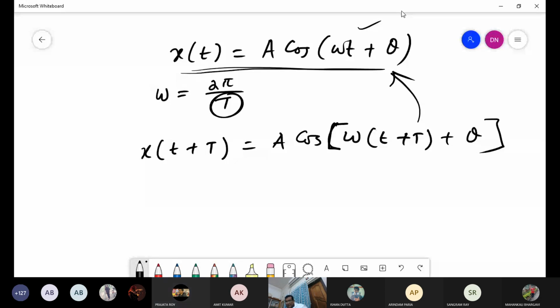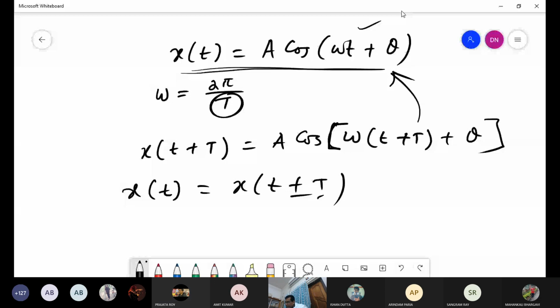Now you know the definition of periodic signal. If we see that x(t) is equal to x(t plus or minus capital T), then I will say that this signal x(t) is called periodic. And the minimum value of T for which this particular relationship is valid is called the period of the signal. Okay.